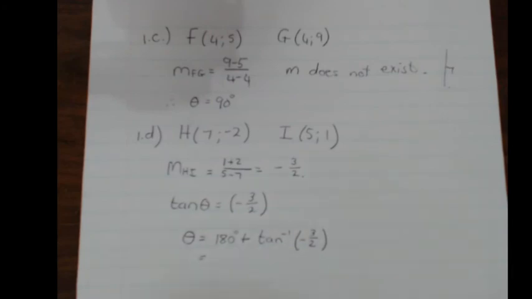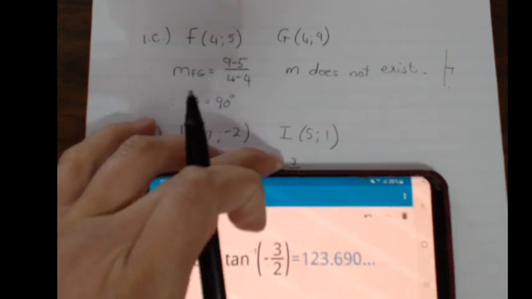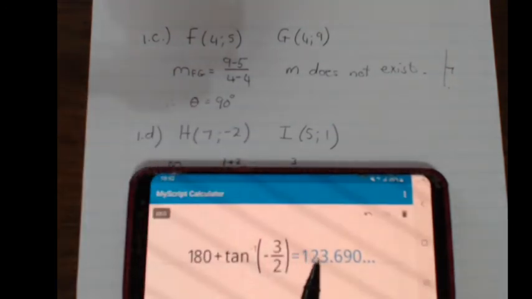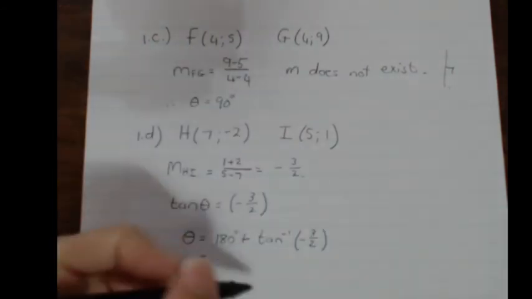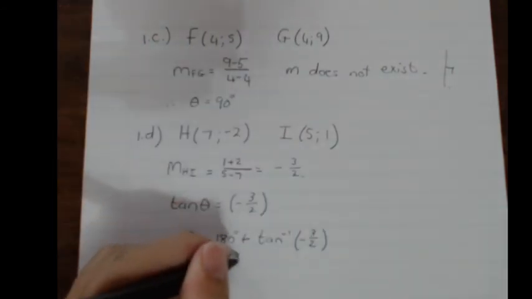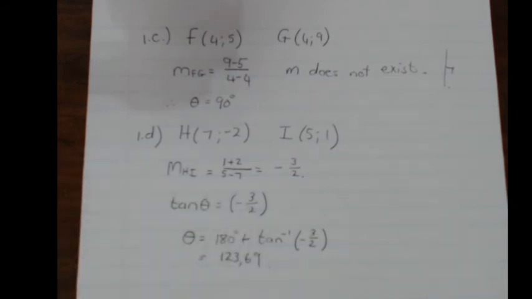And I can type that into my calculator, 180 plus shift tan negative 3 over 2. It gives me 123.690, rounding off to 123.69. Right, that's working out angle of inclination.